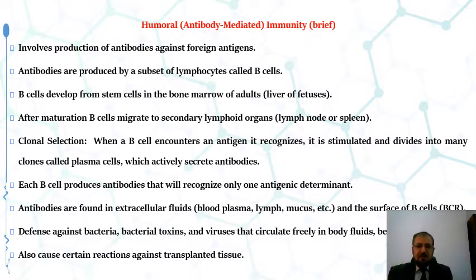Then the B lymphocyte goes through 2 major checkpoints inside the bone marrow. These are positive selection and negative selection. So the positive selection of the B lymphocyte inside the bone marrow is to check whether the B cell receptor is working properly or not.